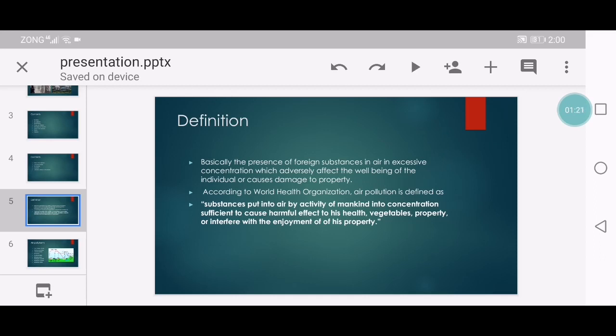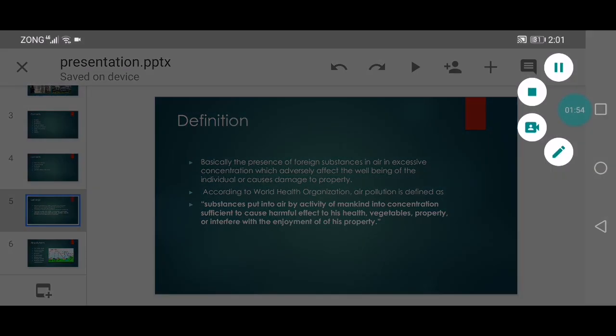In fact, it's the world's largest single environmental health risk. According to the World Health Organization, air pollution is defined as substances put into the air by activity of mankind in concentration sufficient to cause harmful effect to his health, vegetation, property, or interfere with the enjoyment of his property.